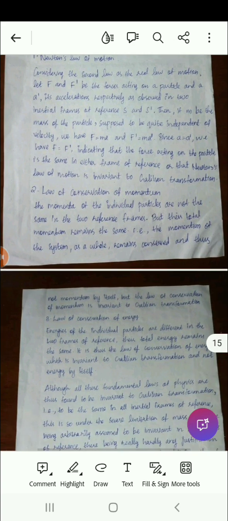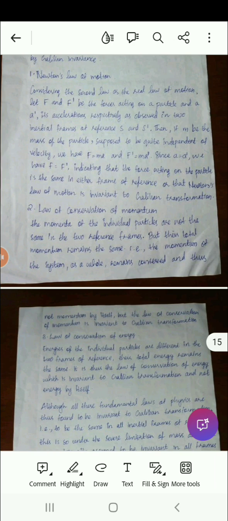Both are inertial frames, and two forces F and F dash are acting on both the frames. When we calculate the force, we will find that both the forces are the same. So we can say the force acting on the particle is the same in either frame of reference, or that Newton's law of motion is invariant to Galilean transformation.